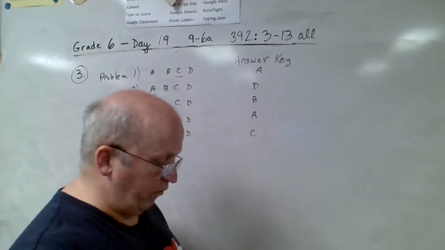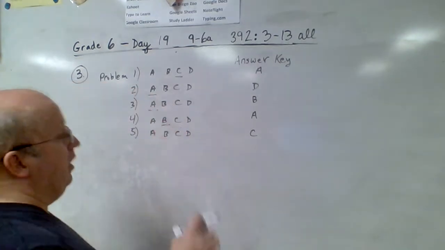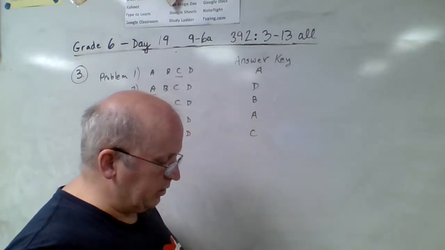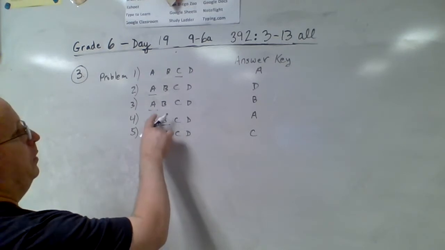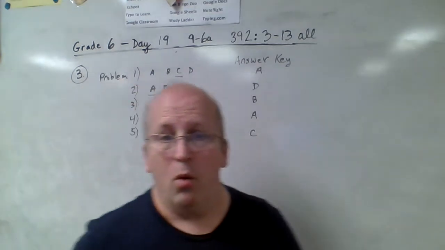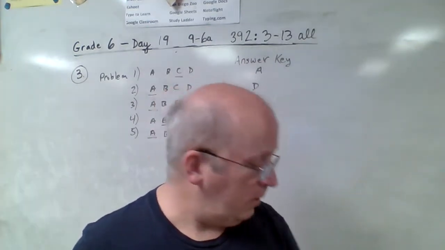For question 4, my spinner says B, boy. And for question 5, my spinner says A, apple. Nope, nope, nope, nope. Oh my goodness. This time we had absolutely none of them correct by using a spinner.